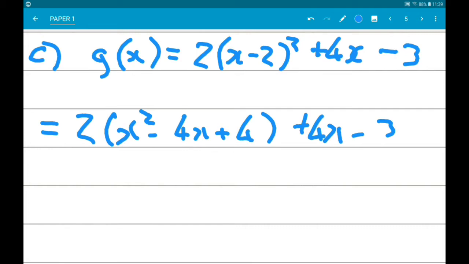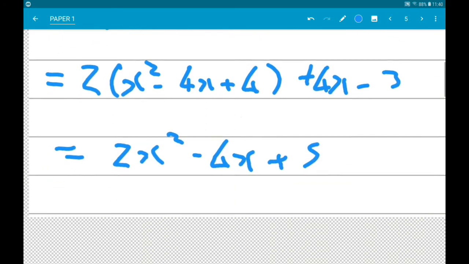So that's 2x squared. Now we're going to get minus 8x add 4x, so that's minus 4x. And then we're going to get 8 minus 3, so that's 5.